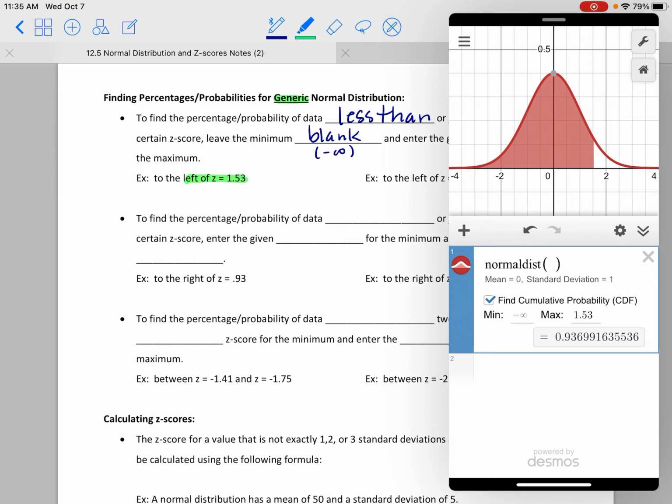So I can see it equals 0.93699, whatever, that is the percentage of data that is left of that particular z-score.